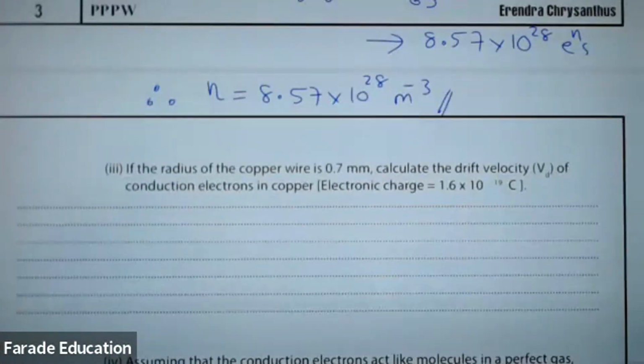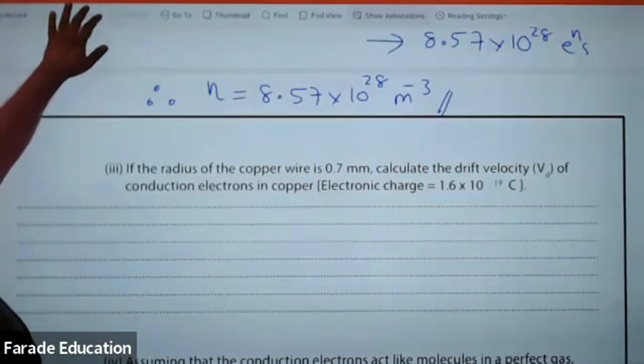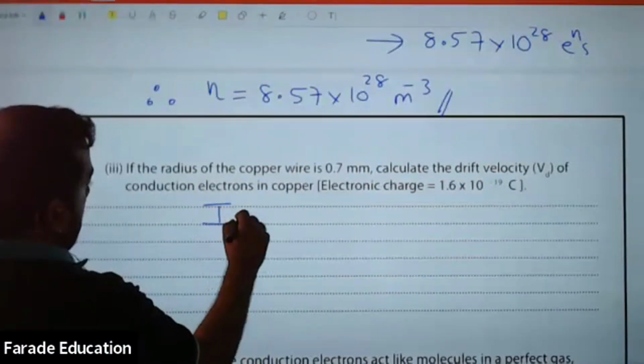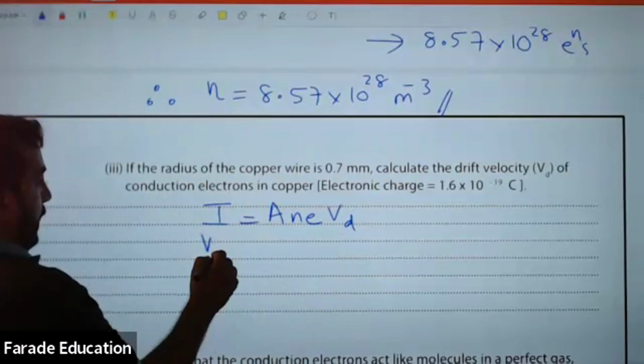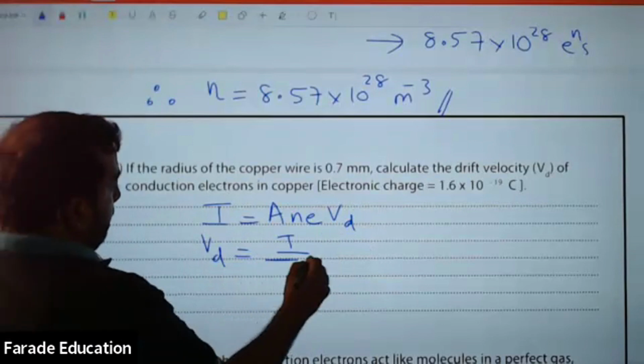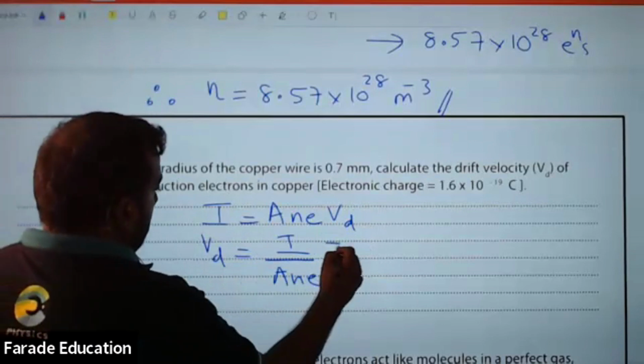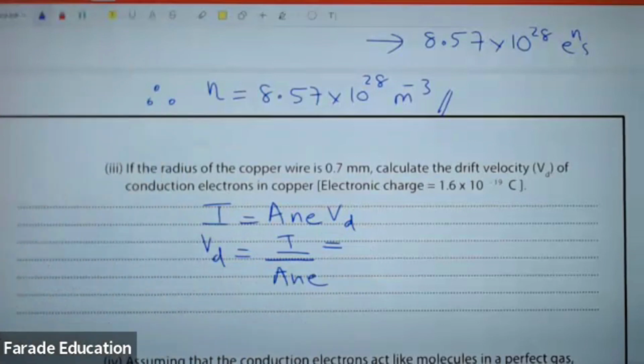The radius of the copper wire is given. Calculate the drift velocity. We know the famous equation, I is equal to ANEVD. Drift velocity is equal to I divided by ANE. The current we found earlier is 5 amperes.